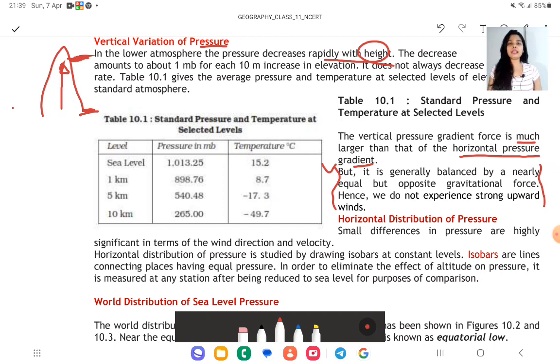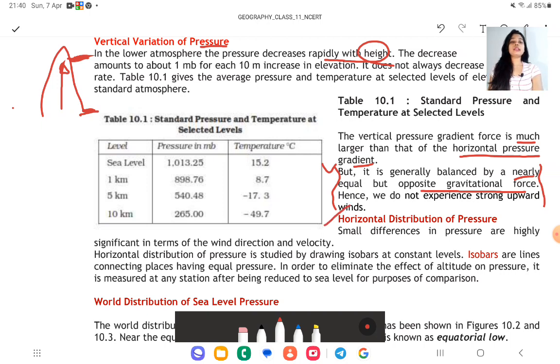Have you ever experienced that there is upward movement of the air? No, right? This is because it is generally balanced by a nearly equal but opposite gravitational force. As the upward force is coming, an equal gravitational force is pulling it. So we don't see any wind which is moving in upward or downward direction. So mainly the winds are in horizontal direction.